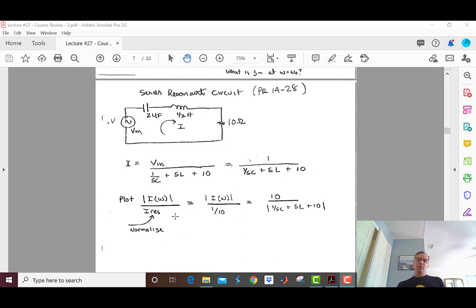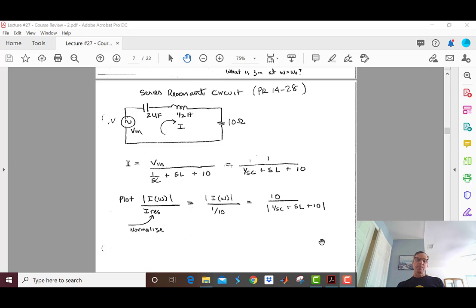And what I'm going to do is plot the current divided by the current at resonance. Why do I do that? So that at resonance, this normalized value will be equal to 1. What's the current at resonance? That's easy. It's just V in divided by 10 ohms, because remember, these add up to 0.